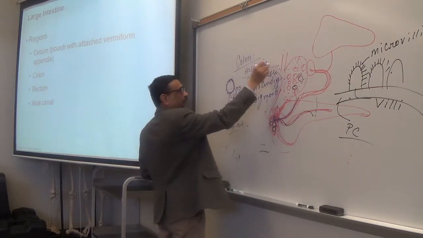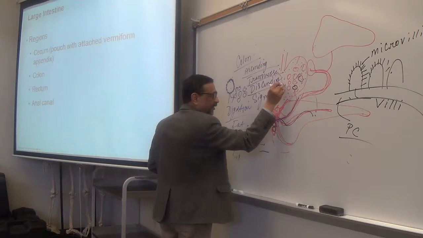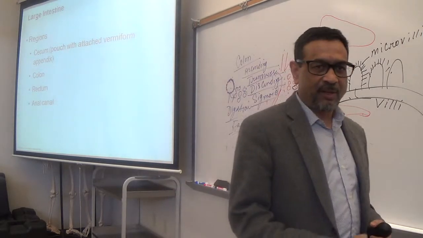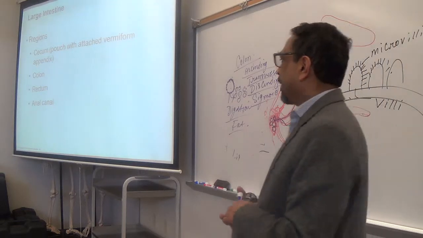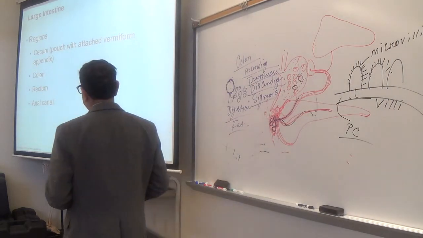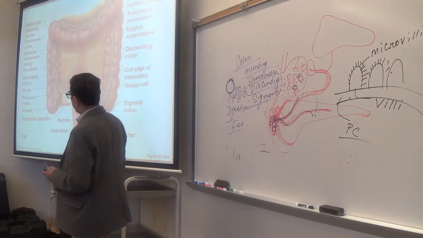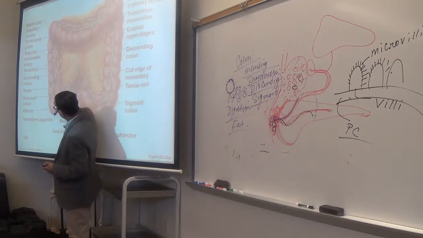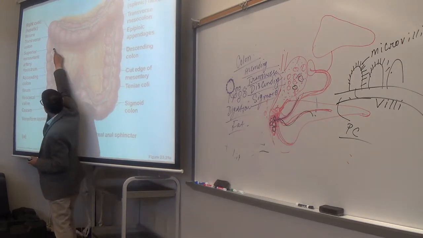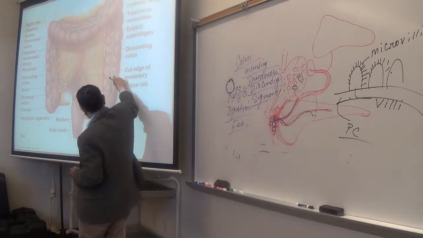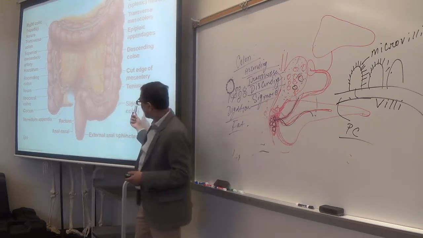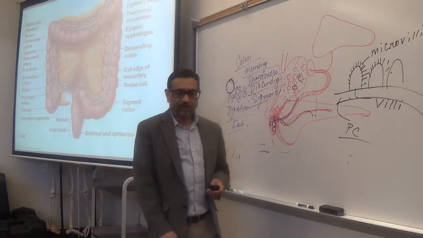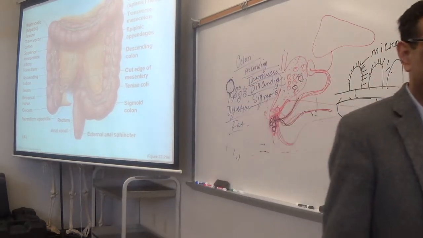So ascending colon, transverse colon, descending colon, sigmoid colon. Okay? So those are the parts of the colon. Then you have the rectum and anal canal. Okay? So this is the cecum, the very first part of the large intestine, then ascending, transverse, descending, and this is sigmoid. And then you have the rectum and anal canal. So those are the parts of your large intestine.